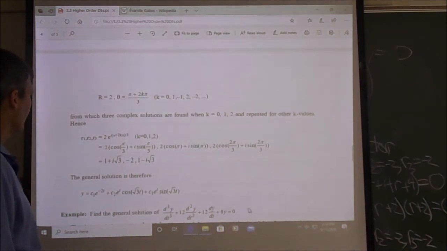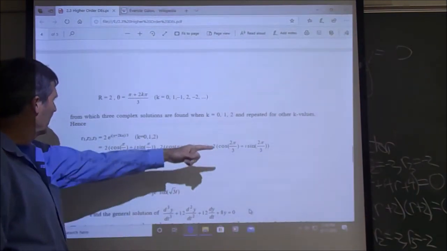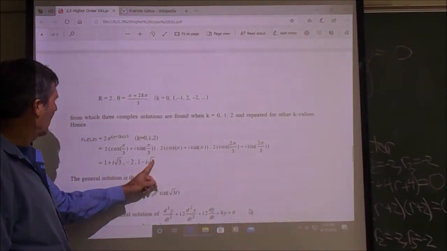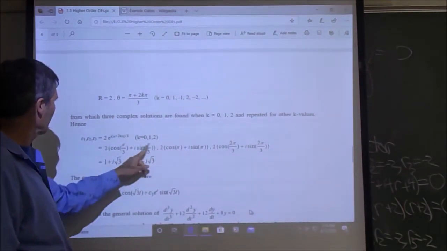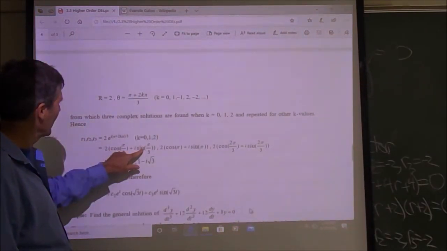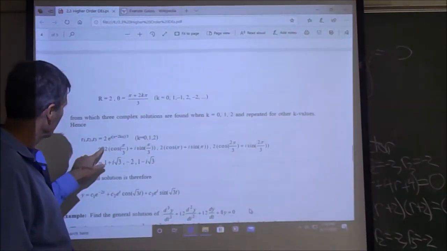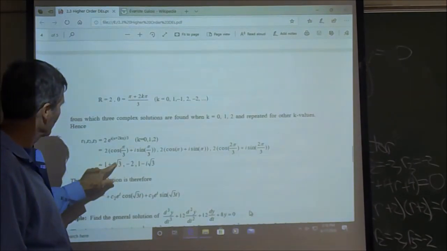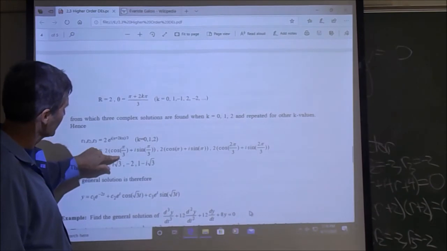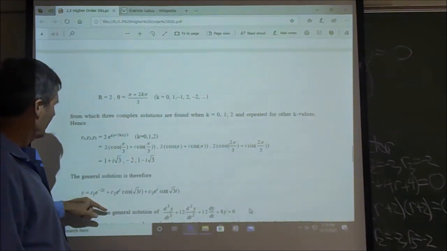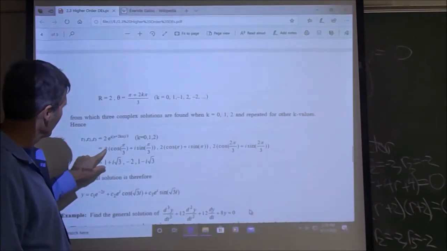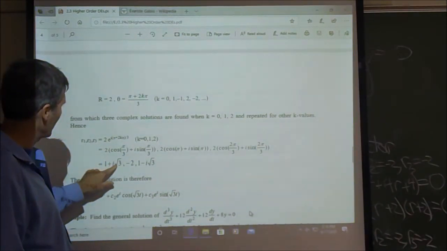And that one, if you find its standard form, it comes out to be 1 minus i square root 3. This one, cosine pi over 3 is a half, and sine pi over 3 is square root 3 over 2. All multiplied by 2 gives you 1 plus i square root 3.